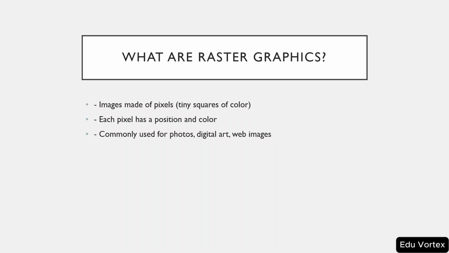So yeah, these are actually called pixels, and Photoshop has a way to simulate that pixel so that we understand a pixel perfect version of our project. Each pixel has its position and color, and each of these pixels can be used for photos, digital art, or web images within Photoshop or any kind of work.